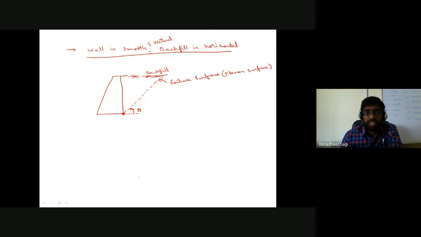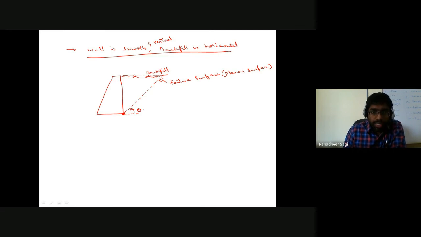In the case of passive state, the angle of inclination at which the failure surface develops is 45 minus phi by 2 with the horizontal, or 45 plus phi by 2 with the vertical. I am not going into details of how we got that, which we have already discussed in detail in our earlier classes. So my objective now is to focus on this theta.